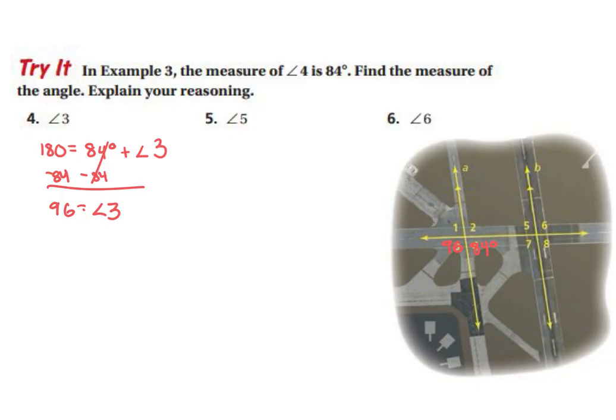And then angle 5 here, that would be considered alternating interior angle. So angle 5 would be 84 degrees.